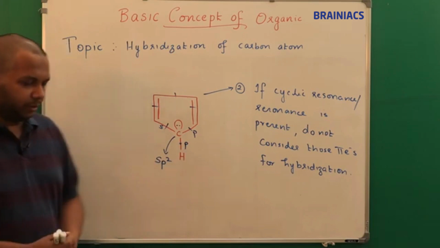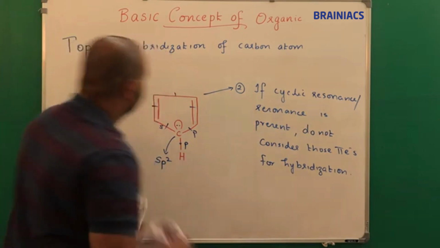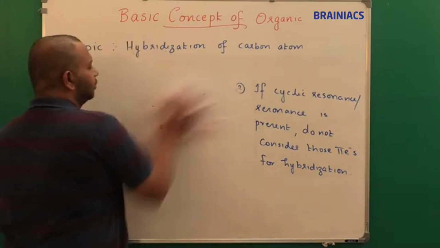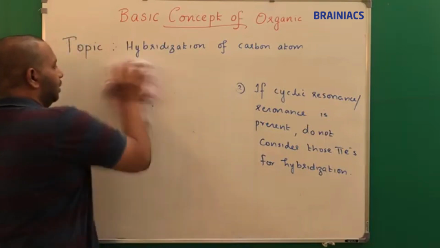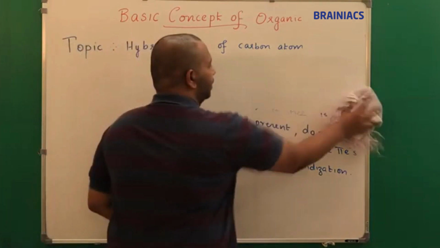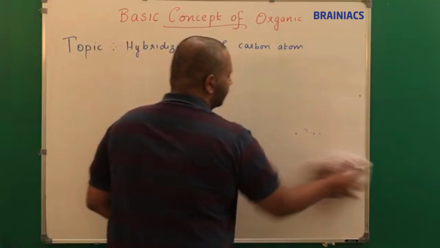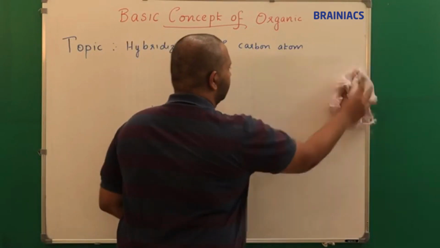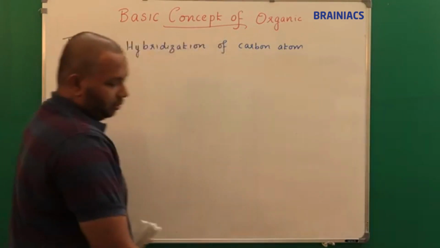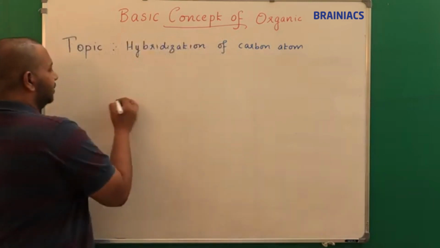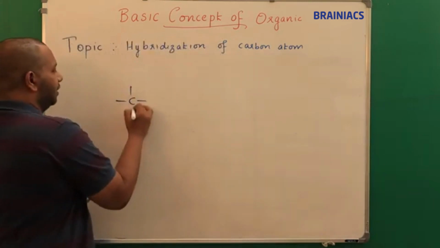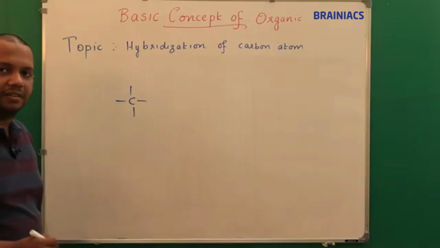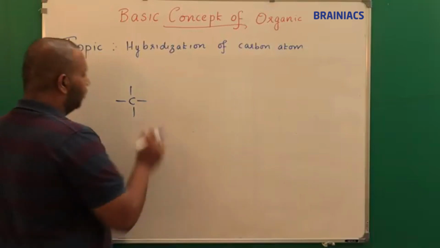And one more thing I need to tell, that is the shapes with respect to each bond. That is also very important. That will help you in understanding. Anyway, you will learn the same thing in chemical bonding, but let me tell. Suppose you have this as the possible valency, that is 4 different valencies available.